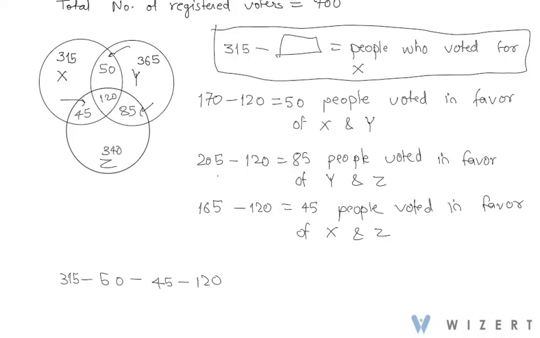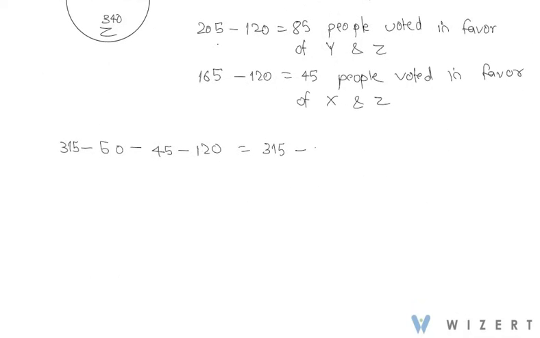So 315 minus, 50 plus 45 is 95, 95 plus 120 is 215, equal to 100 people voted for X only. This we have got. Let us write it as equation 1.